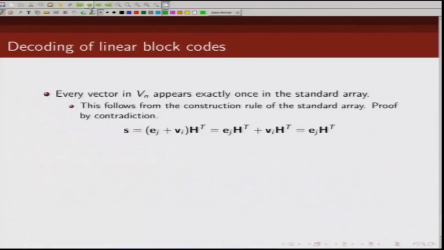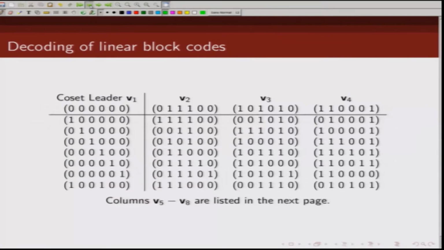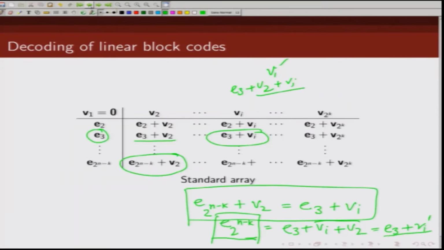We can again go back to our diagram for standard array and we can see this. You can see in this row is E3, in this row all these elements have E2. So, they will have the same syndrome.